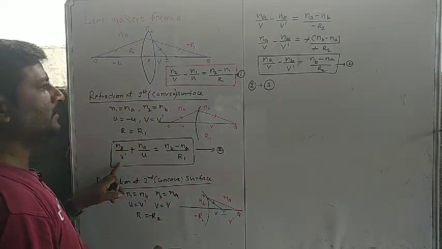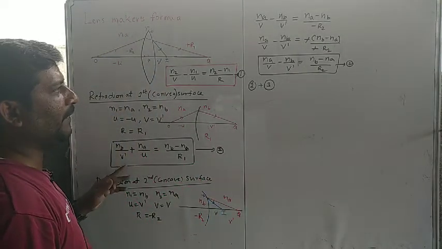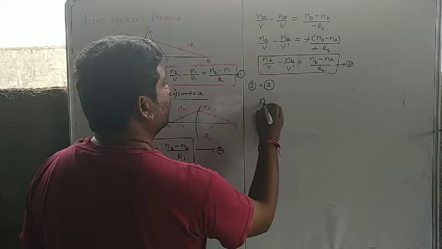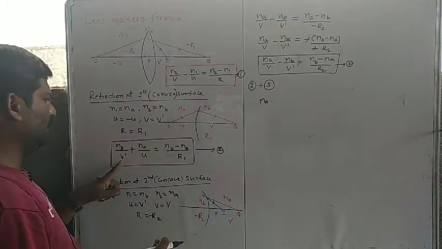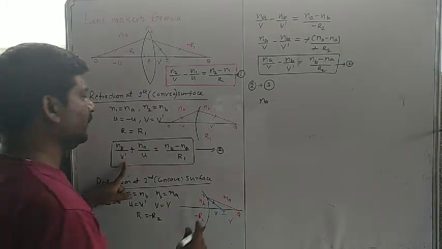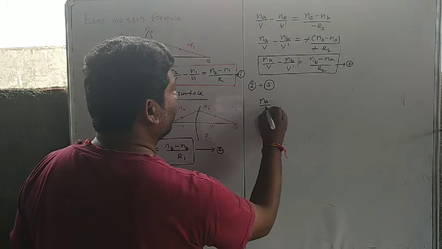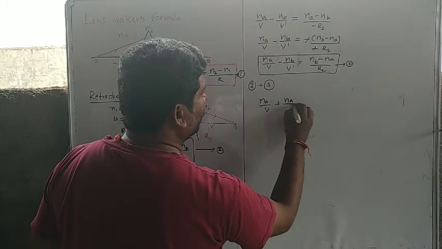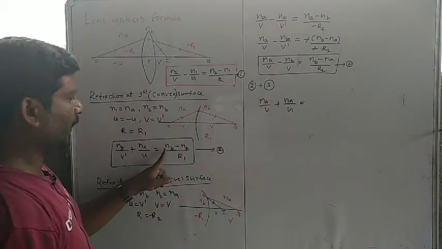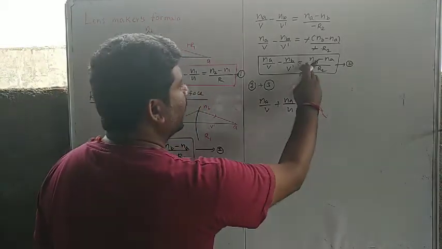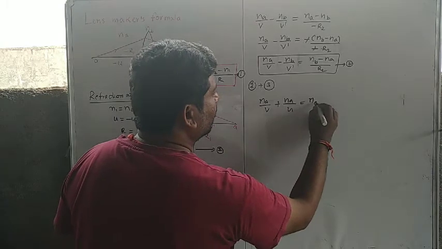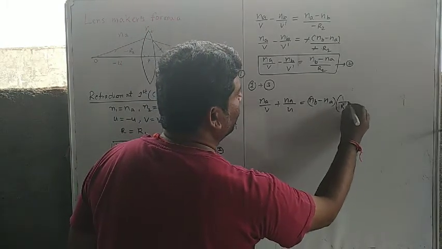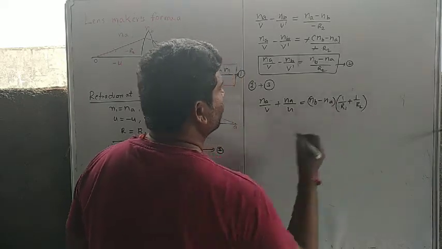Therefore we get NA by V plus NA by U is equal to, take common NB minus NA, so NB minus NA take common, we get 1 by R1 plus 1 by R2.